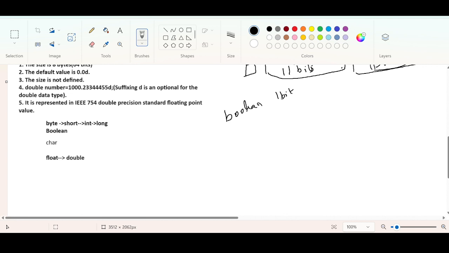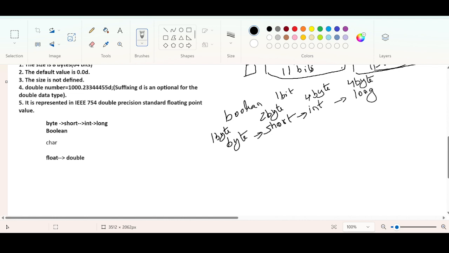But if you talk about the remaining data types, this is how it is. Byte is going to consume 1 byte of memory. Short is going to consume how many bytes? 2 bytes of memory. Integer is going to consume 4 bytes, and we have character.